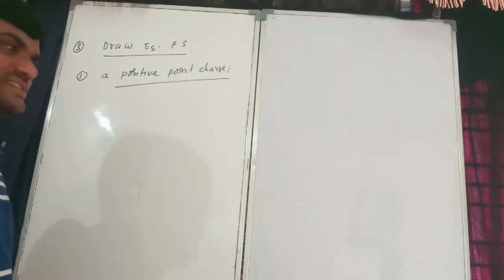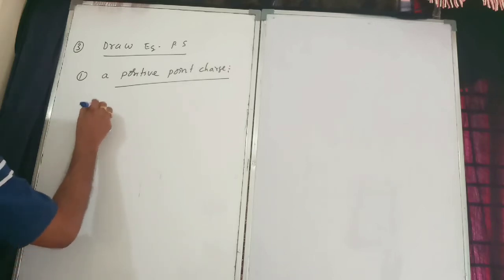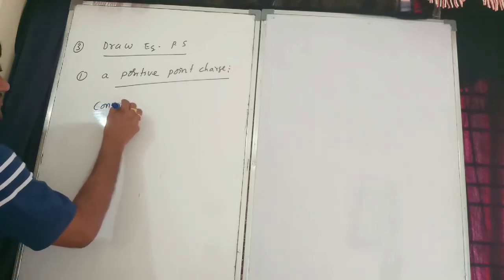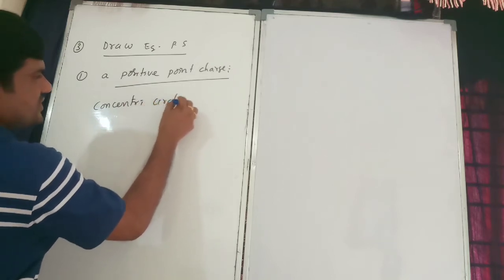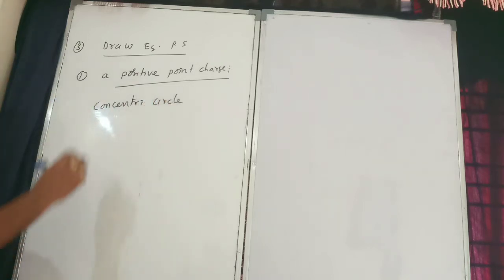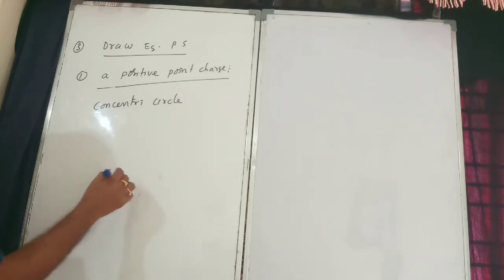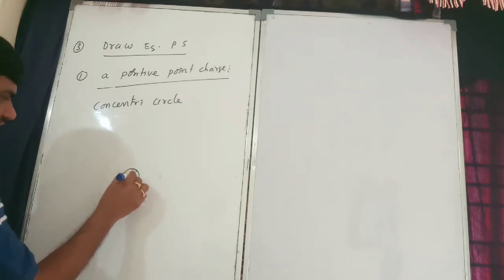So this is called a concentric circle, or concentric sphere. This is the positive charge.